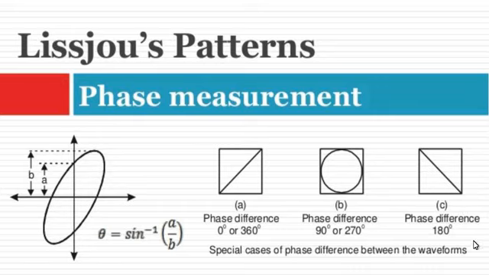So in this way, we can measure the phase difference with the help of Lissajous patterns. We will see more about this application in the electronics laboratory. So I think all of you understood very well the last method, that is phase measurement using Lissajous pattern. Thank you.